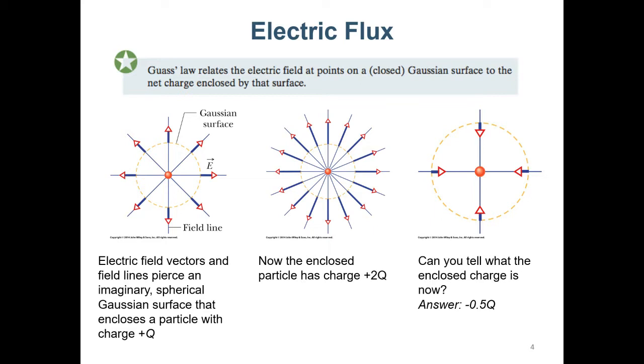In this case, we draw a circle for each of these three cases. We can count 1, 2, 3, 4, 5, 6, 7, 8 intersection points between the electric field lines and this circle. So we have the number 8, and all the lines are pointing outwards, so this is plus 8.